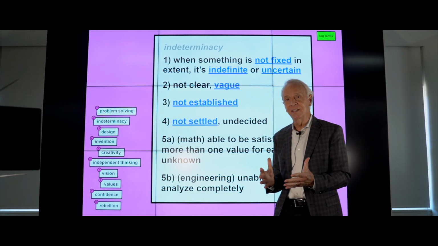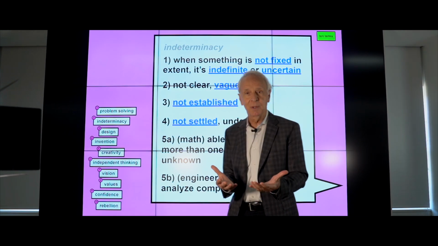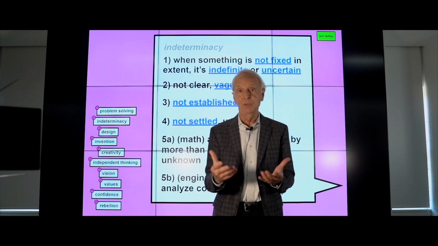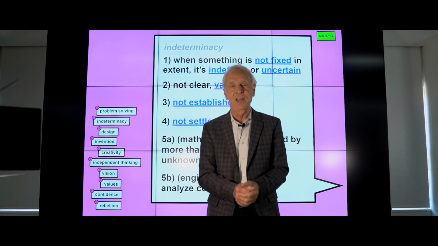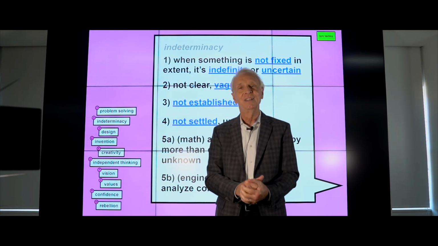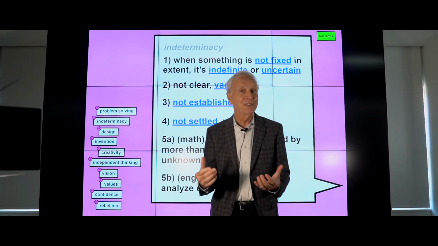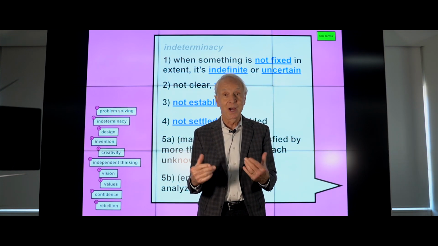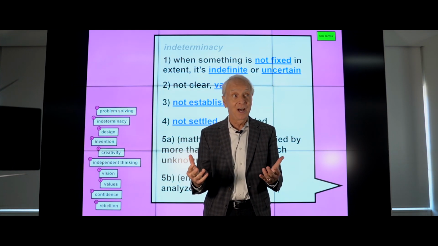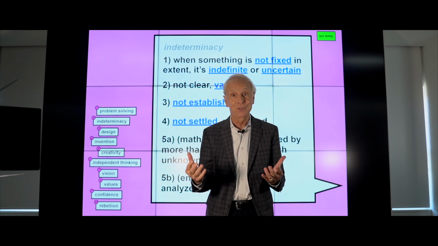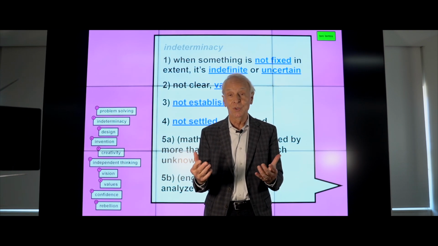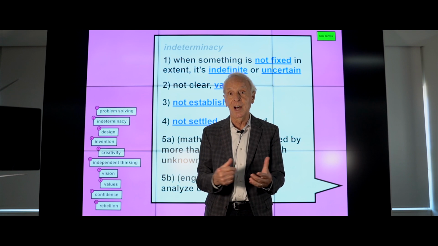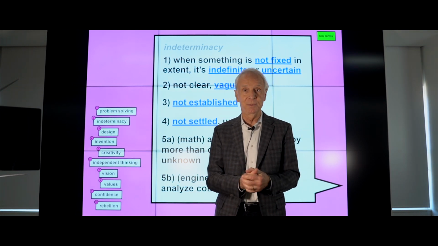In math, like we talked about before, a determinate equation is like 2x equals 10. There's one answer for that. We know, 5, nailed it. But an indeterminate equation is like 2x plus 3y plus z equals 35. Any number of solutions can be derived from different values of x, y, and z. It's indeterminate.